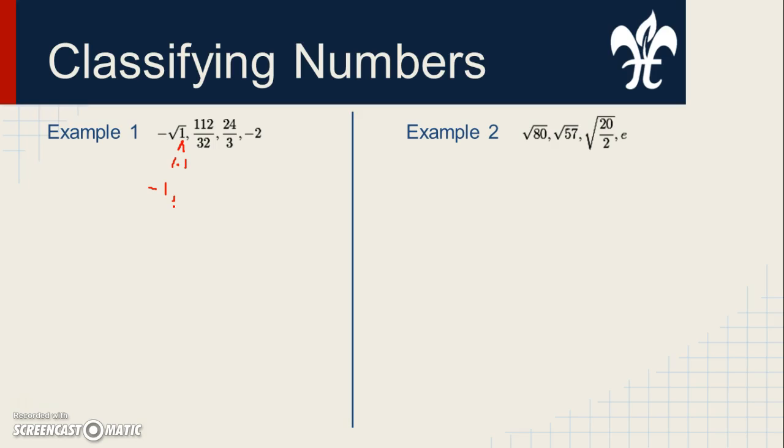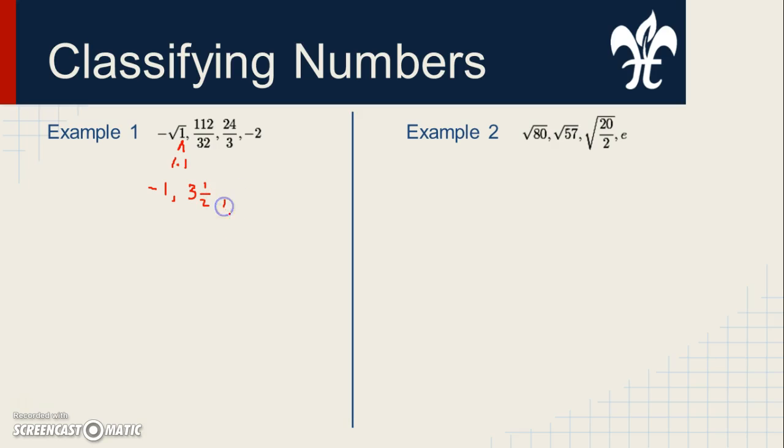So I've got 112 divided by 32. If I convert that to a mixed number, that's really 3.5. So that's going to stay a rational number. It doesn't become an integer. It does not become a whole number. It does not become a natural number.